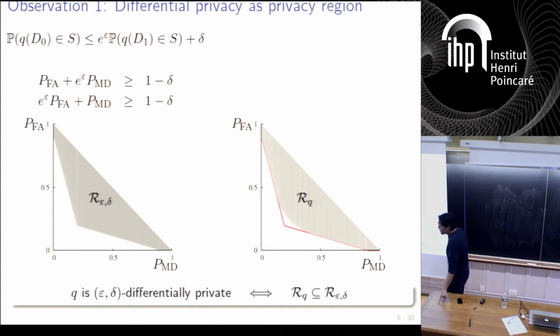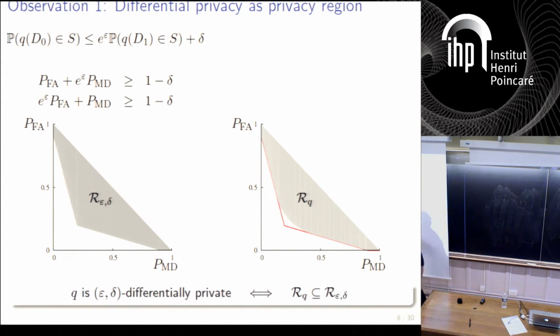The first observation is that differential privacy can be interpreted as a particular linear constraint on this privacy region. That's the differential privacy constraint for epsilon delta. If you interpret your S as the rejection set without loss of generality, then you get these two particular inequalities, just by changing the notation to your false alarm error and misdetection error, which gives you two half spaces.